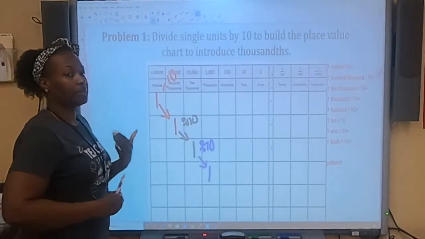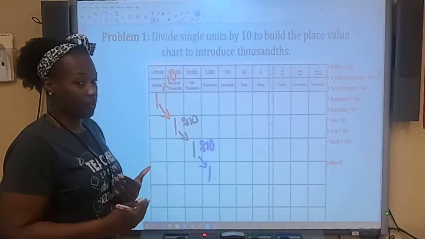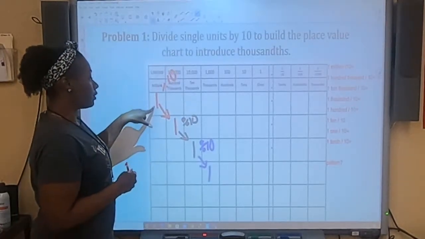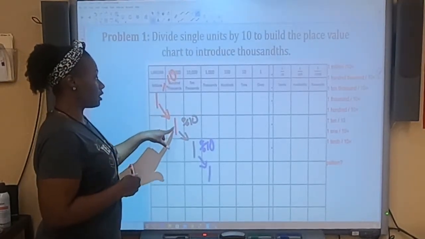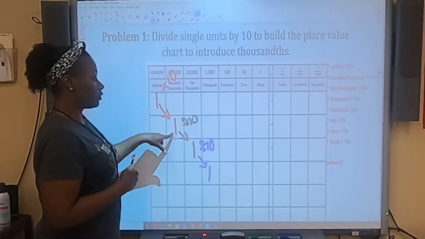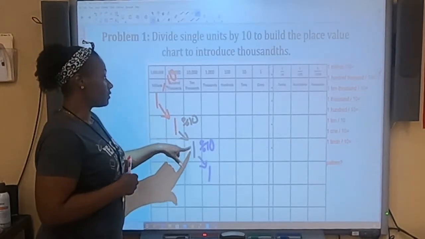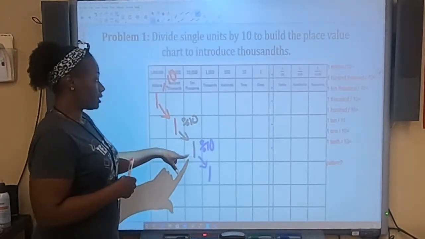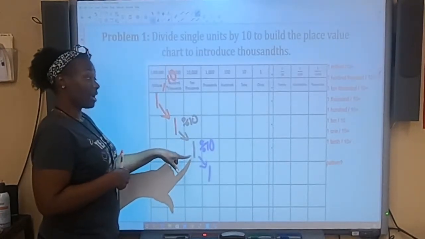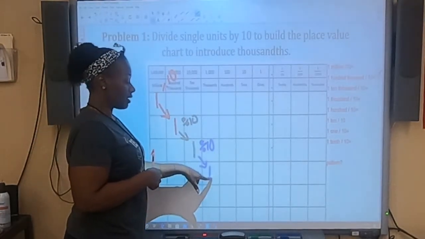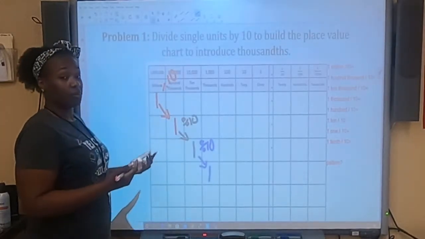Notice the only thing happening to my number is it's shifting to the right one time. And I can keep going with it.